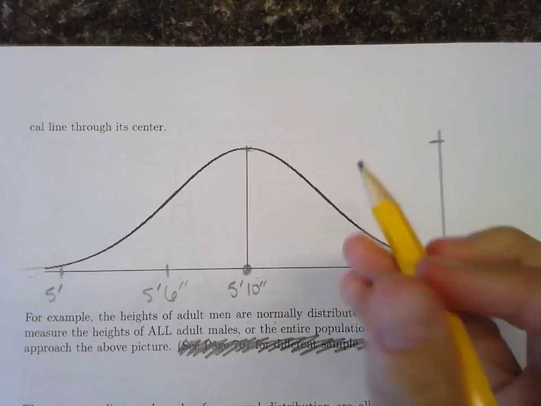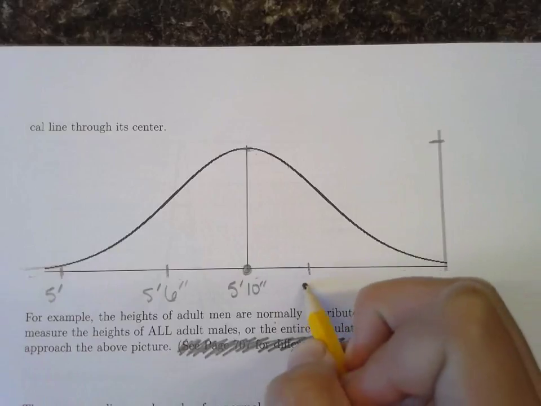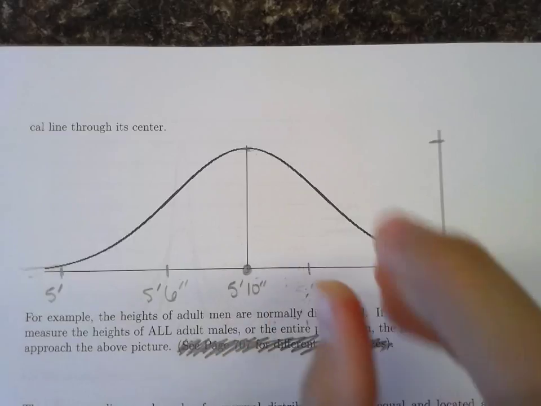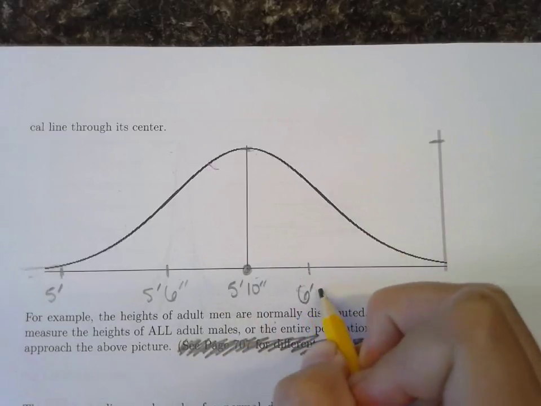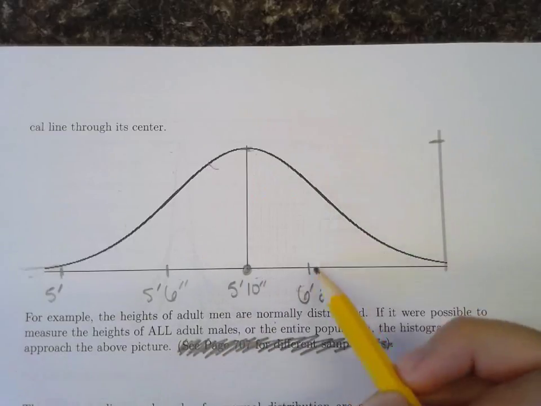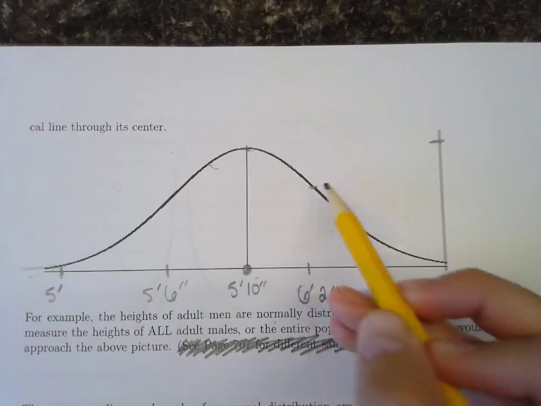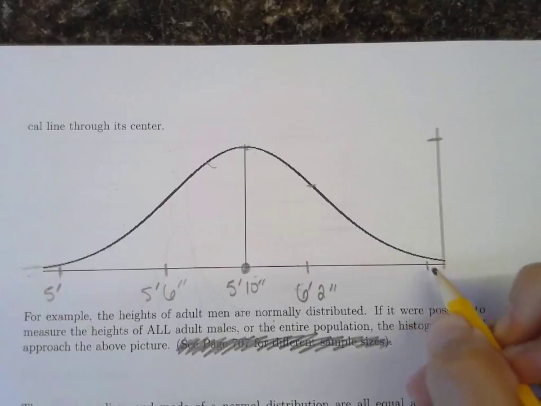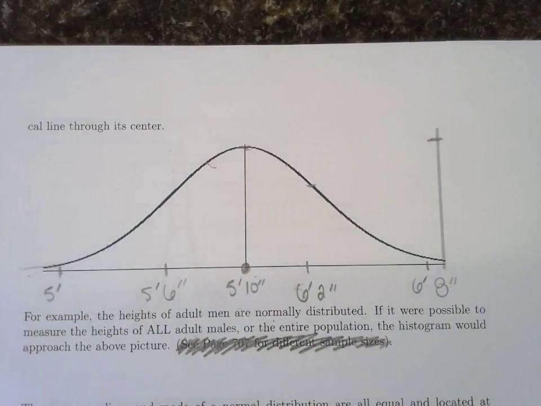Moving to the right, again making this value up, it'd have to be in 6 feet now, say 6 feet 2 inches. You see that fewer men are 6 feet 2 inches. If we move out even more, if this was 6 feet 8 inches, you see even fewer men are that tall.